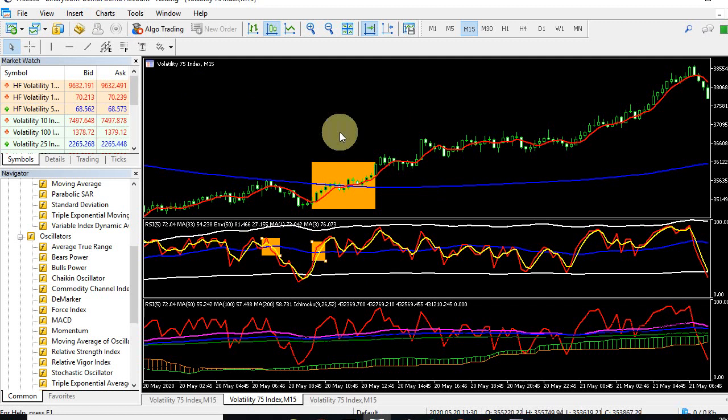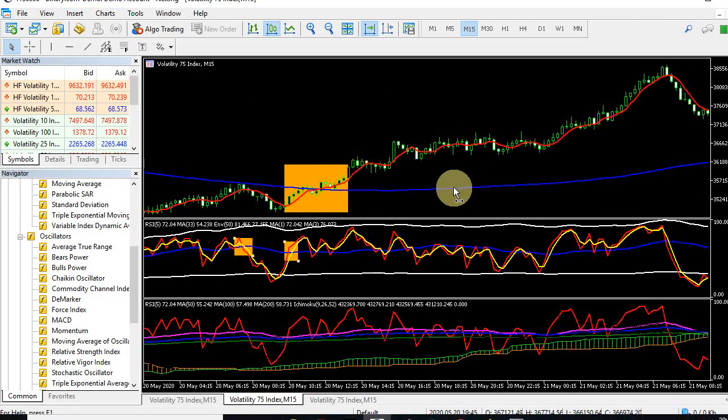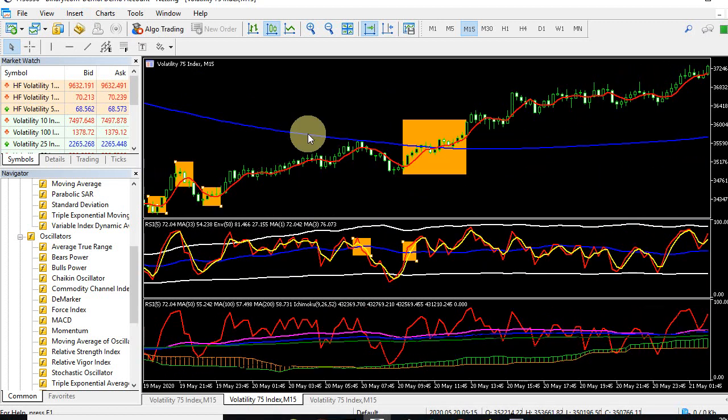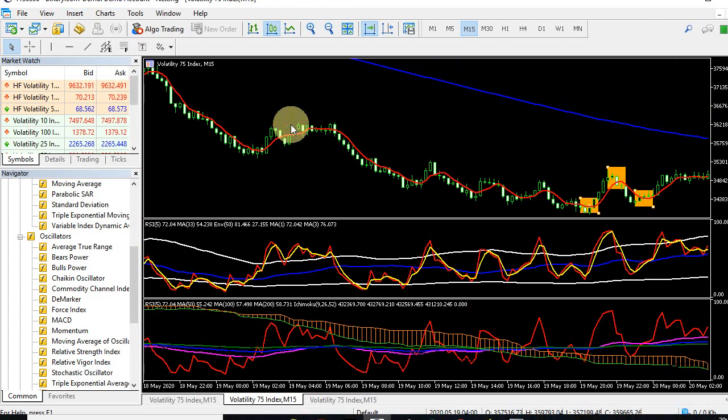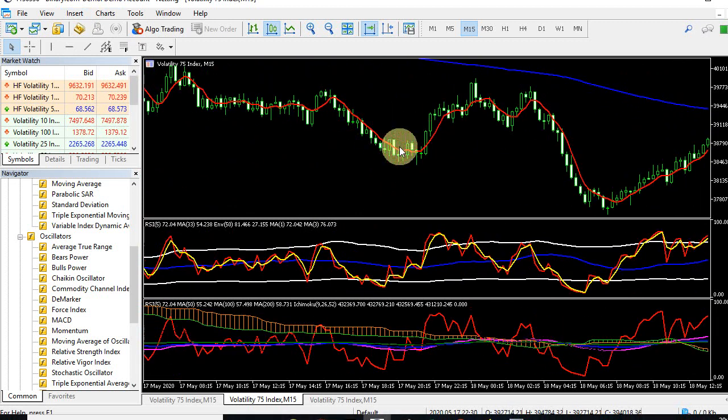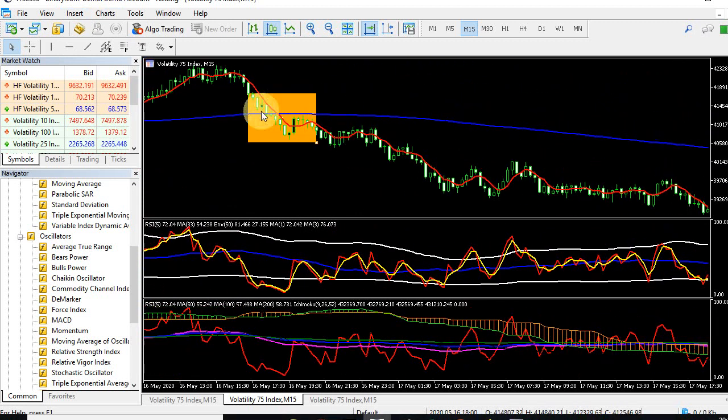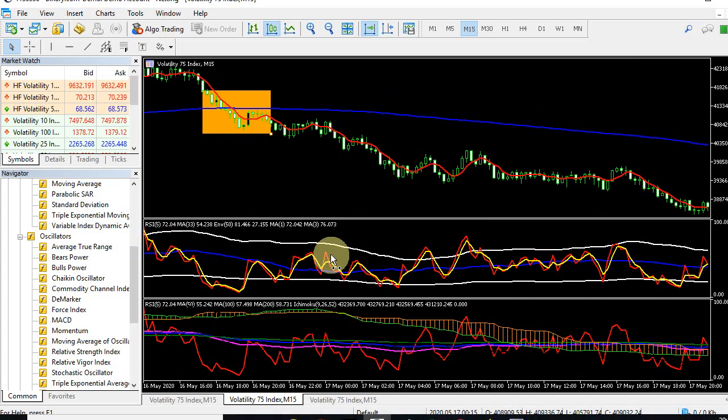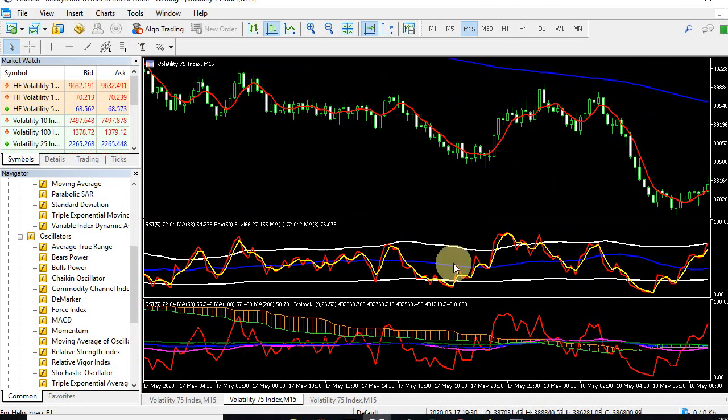But don't forget, on the main chart, for you to buy, ensure that the red line has crossed up above the blue line, and for you to sell, ensure that the red line has crossed down on the blue line. Then now look for confluence with the indicator window 1.